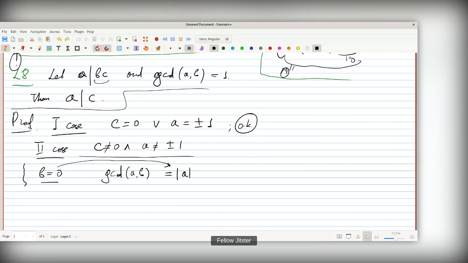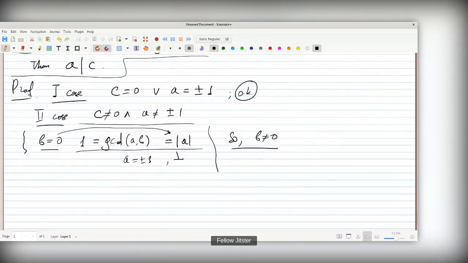We have proved that if one number is 0, then the greatest common divisor equals the other number. But we know that it is 1, for they are coprime. But then A is plus or minus 1, which is not the case. So B is not 0.